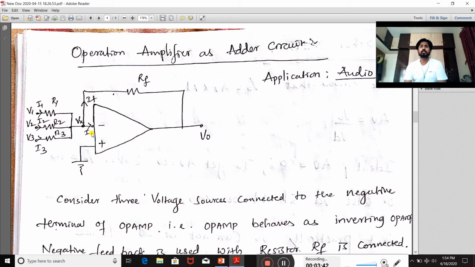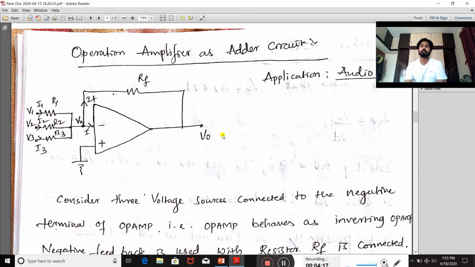Now this is the construction of op amp as an adder circuit. As we know addition, at the output side we should get the addition of this source, this source, and this source. That is nothing but V1 plus V2 plus V3, so that this operational amplifier should add all these different sources together to get V1 plus V2 plus V3.